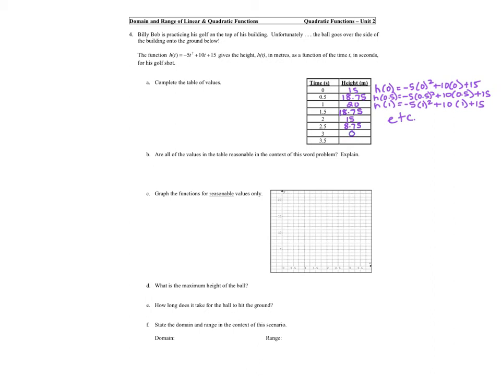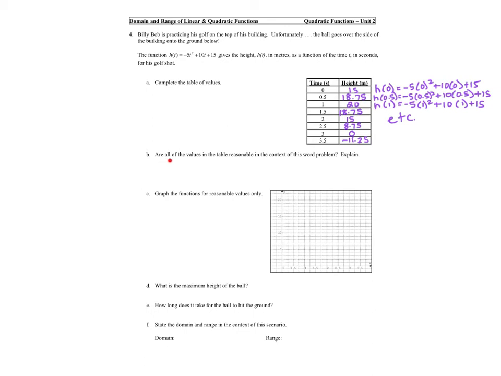If you substitute a time of 3.5 seconds, you get a height of -11.25. So all this is just substitution. Take each of these values of t, substitute them into the equation, and figure out what the height is equal to.